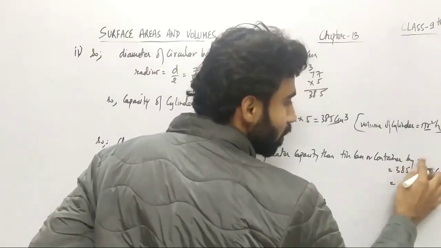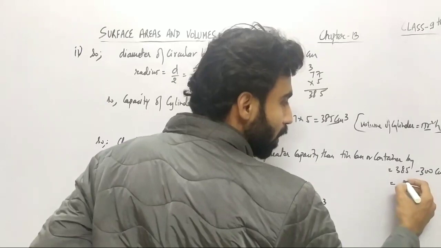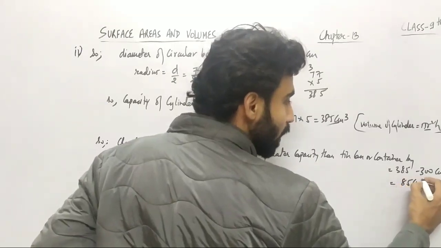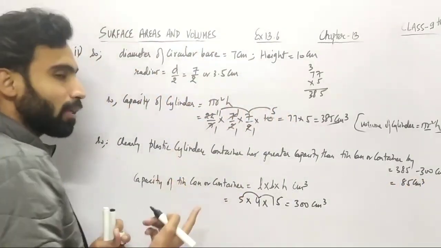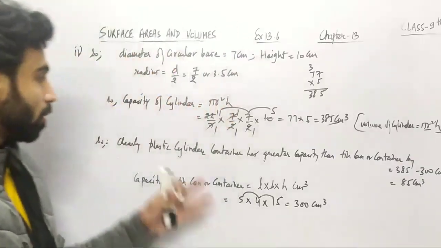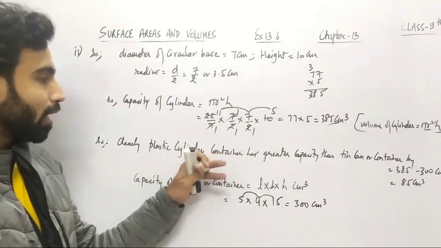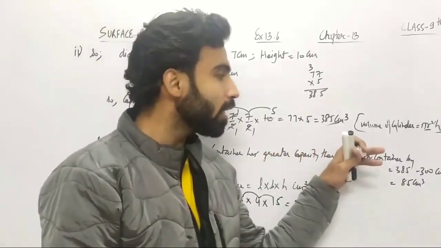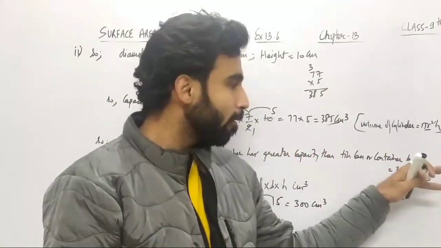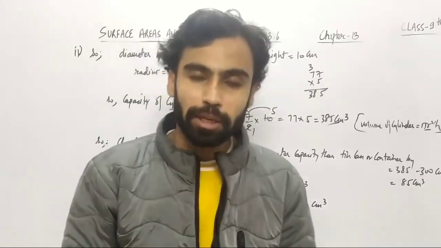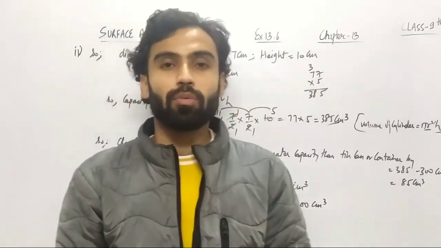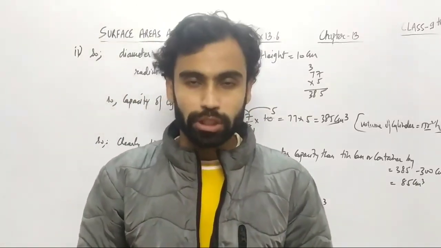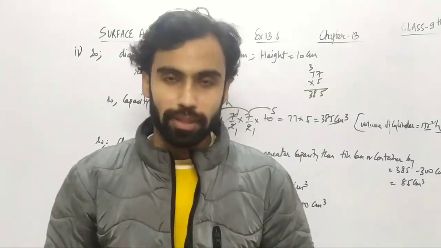So अगर मैं इसको minus करता हूं, 385 minus 300 will be 85 centimeter cube. So आप देख सकते हैं हमारे पास आंसर आ चुका है that the plastic cylindrical container has greater capacity than the tin can, or container, by 85 centimeter cube, right? So this is what you have to find out in this question. So that was all in this question here.